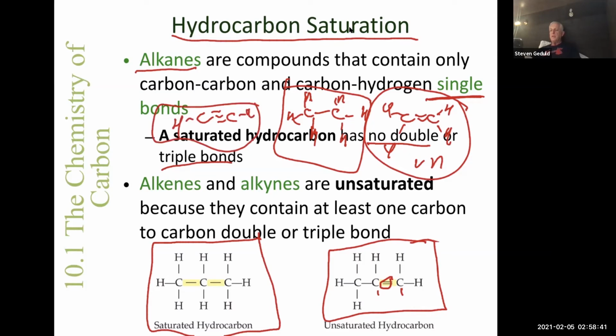So saturated hydrocarbons have as many hydrogens as possible. No double bonds, no triple bonds. Everything's filled with hydrogens. Unsaturated means you have at least 1 double bond, or a triple bond, or a cyclical structure, something that decreases the amount of hydrogen that can normally be attached. So that's what saturated and unsaturated mean.